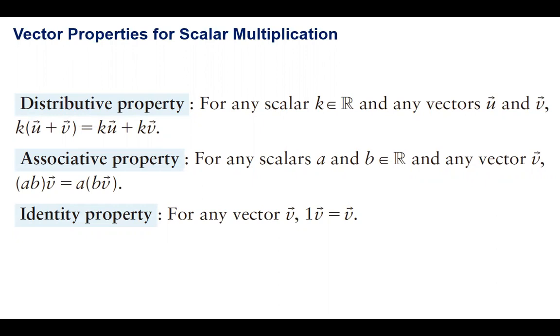Then we have the associative property, which means for any scalars a and b belongs to the real number set and any vector v, we have the product of a and b times v equals a times the product of b times v first. Then we have the identity property, which means for any vector v, we have scalar 1 times the vector v equals vector v.